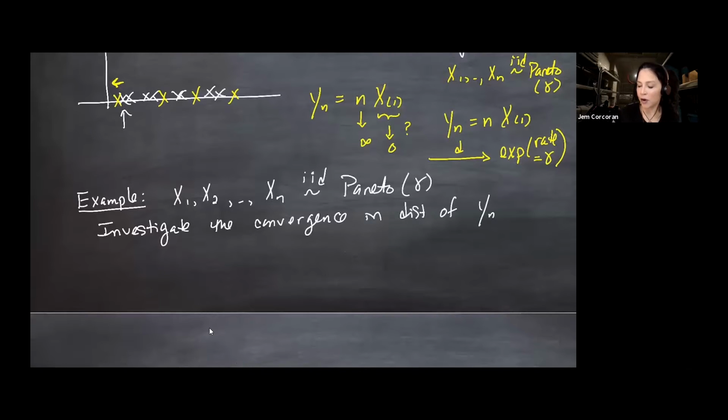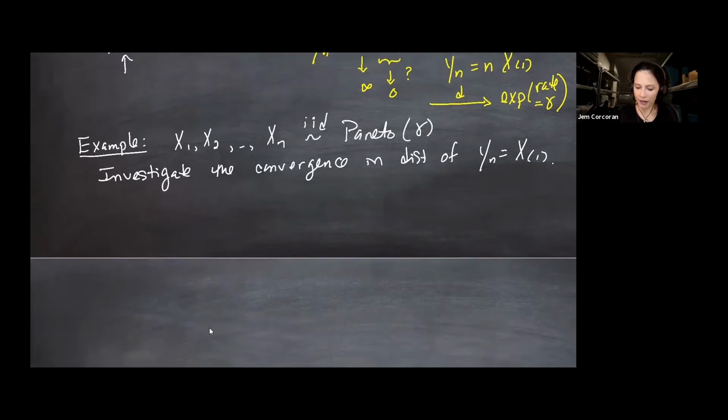You don't have to name it Y_n, but I will. The notation I've chosen for the minimum doesn't really show the dependence on n, but we know it depends on n. So first thing we do is write out the CDF for Y_n, and I think we've done all this work, so I will maybe blow through this.